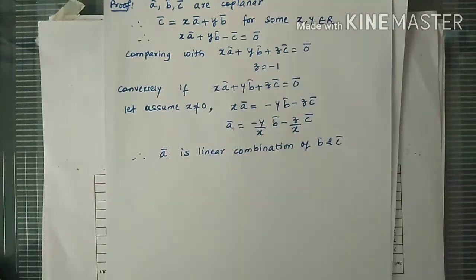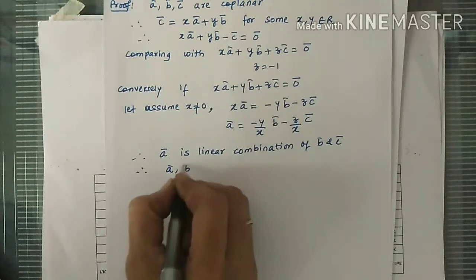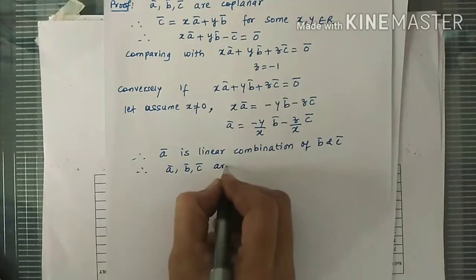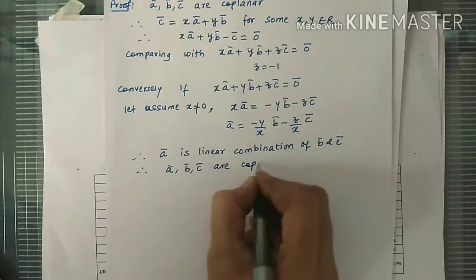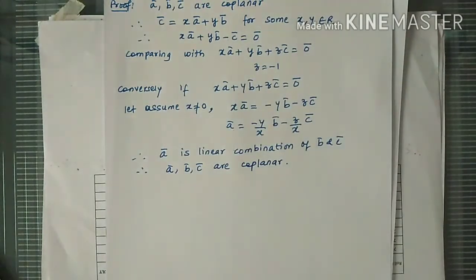Otherwise, this won't be possible. Therefore, the conclusion is A bar, B bar, C bar are coplanar. So, as A bar is a linear combination of B bar and C bar, A bar must lie in the plane of B bar and C bar. Therefore, they are coplanar vectors.